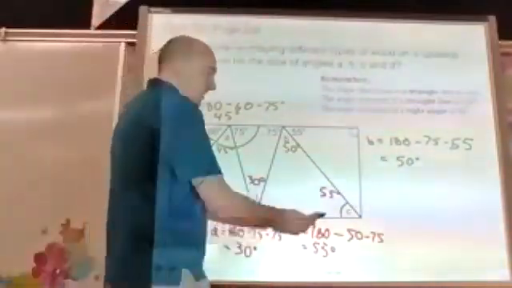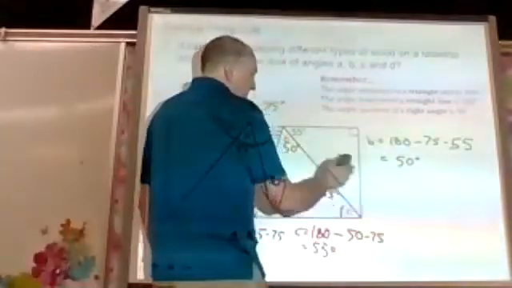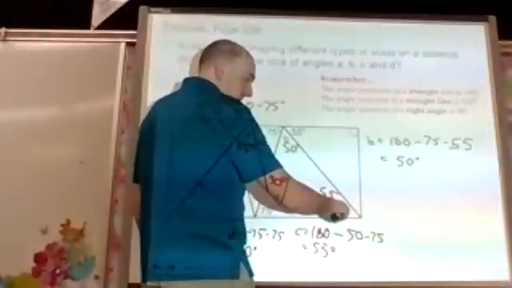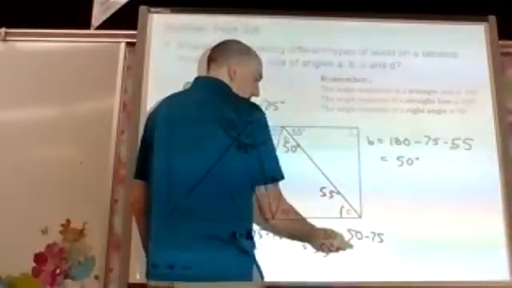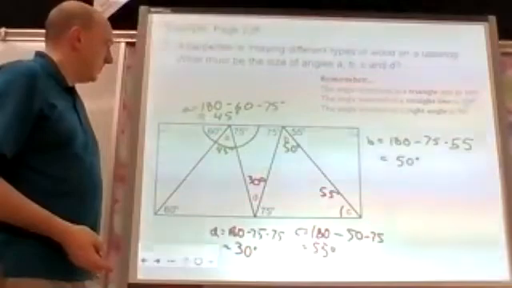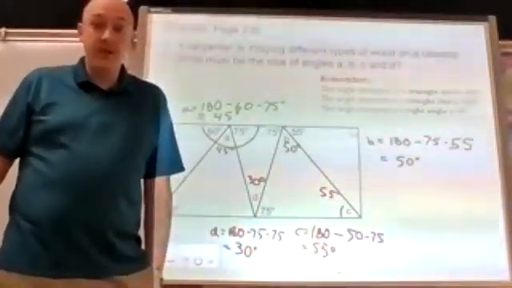I could have also calculated this first from this triangle, because this is 55 and that's 90. So I could calculate the complement to C and then figure out C, but I had the information here, so I didn't need to.